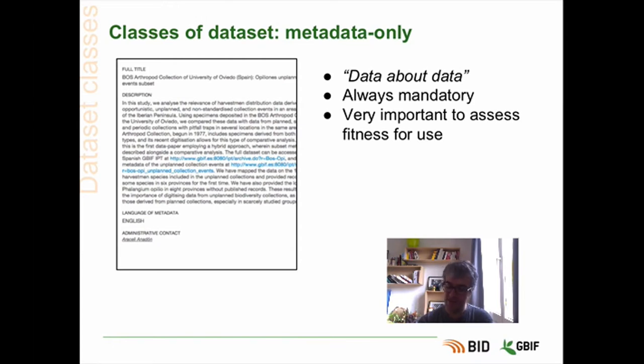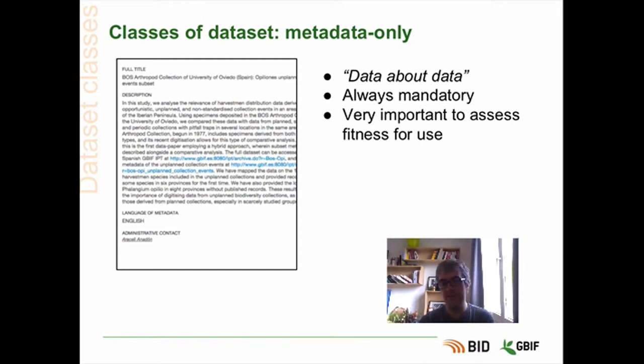One of them is, for example, the case of an ongoing digitization effort. Maybe your institution is doing such an effort. The data is not ready yet, but you still want to announce to the world that it's happening and describe the effort.